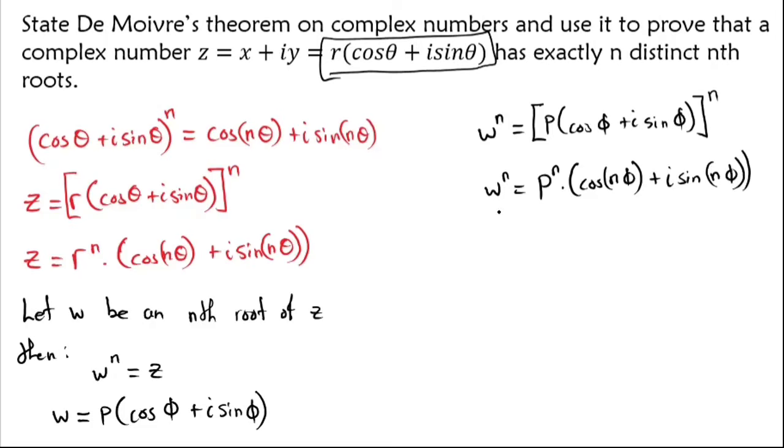So I can relate this to the expression that I had here. We can say w^n is equal to z.